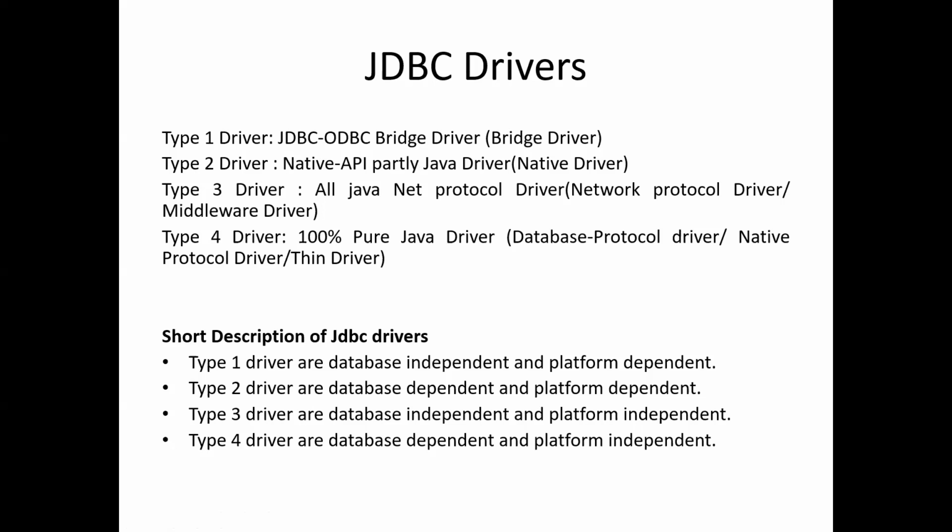The third type of driver is the type 3 driver, also called the all Java net protocol driver, or network protocol driver, or middleware driver. And finally, the fourth type of driver is the 100% pure Java driver, also called the database protocol driver, or native protocol driver, or thin driver.